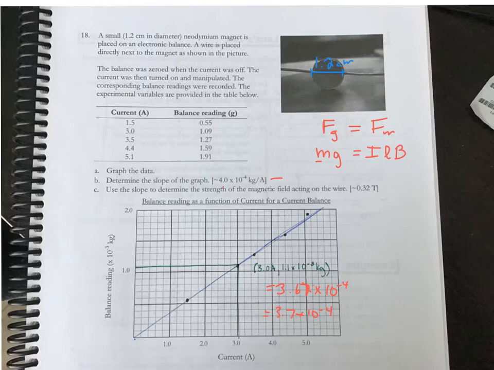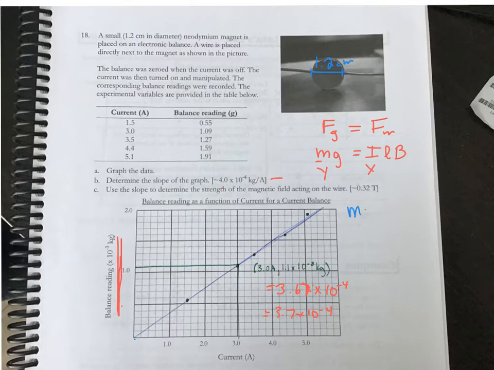So we have this relationship. My balance reading, so my mass, the thing that my balance tells me, is on my y-axis. So that's my responding variable. My x is current. So I need to rearrange this equation into y equals mx form. So I'm going to divide by g.